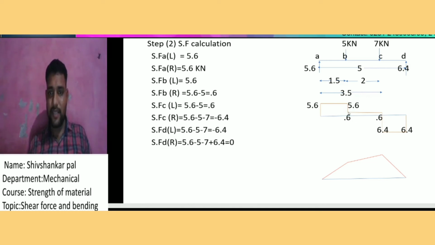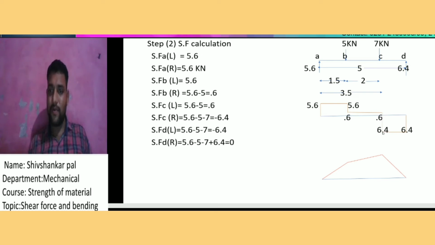Then I see that this 0.6 resultant loading on our beam continues from B to C, and at point C we also obtain two shear force values. One is the shear force at the left-hand side of point C, 0.6, and the second is minus 6.4, so I go downward from 0.6 to minus 6.4.